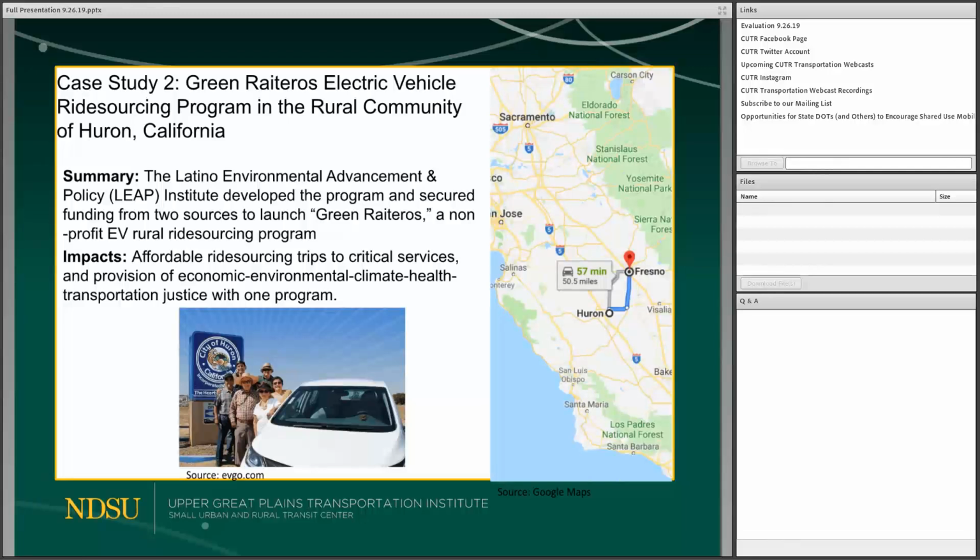Trip costs are supposed to be more affordable compared to the previous informal Ride-A-Rose program, and the program is intended to increase public health, education, and economic empowerment for rural families. This is an example of ride sourcing implementation using vehicles and volunteer drivers in a rural community.